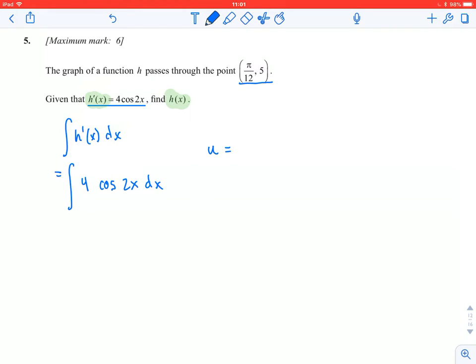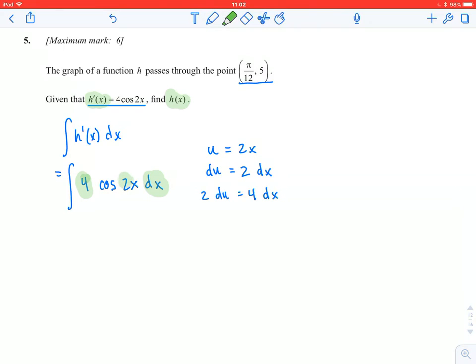So let's make u equal to 2x, which means that du is going to be equal to 2 dx. And let's just take a quick look here. We have 4 dx in our integrand. So if we multiply this by 2, du is going to be equal to 4 dx.